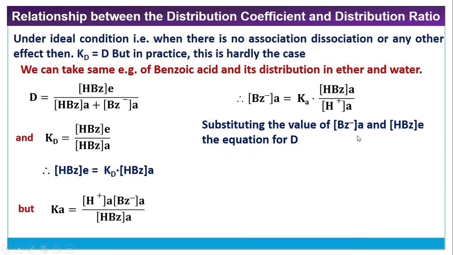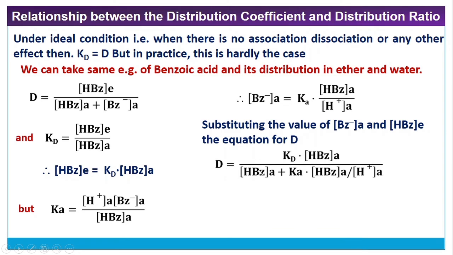So the equation becomes D is equal to, now as we know, HBz in ether is equal to Kd times HBz in aqueous. So we can write distribution coefficient times the concentration of benzoic acid in aqueous medium plus Ka times HBz aqueous medium divided by the H plus ion concentration in the aqueous medium.